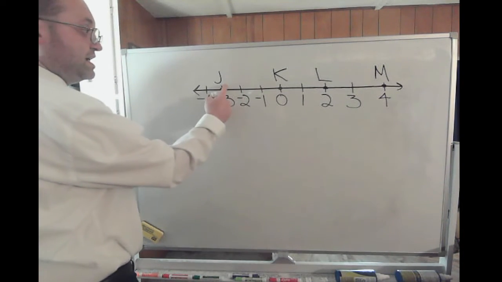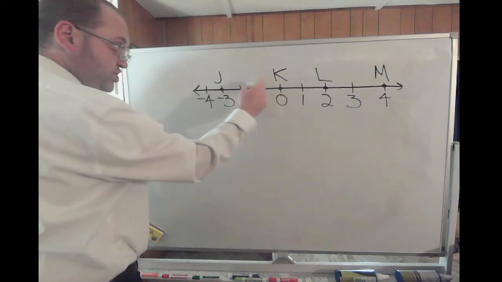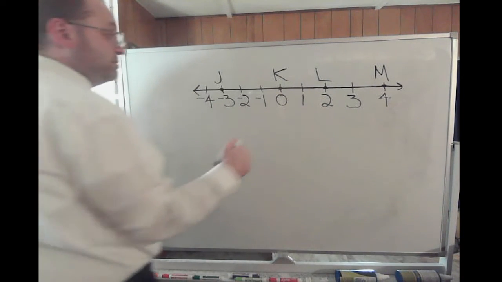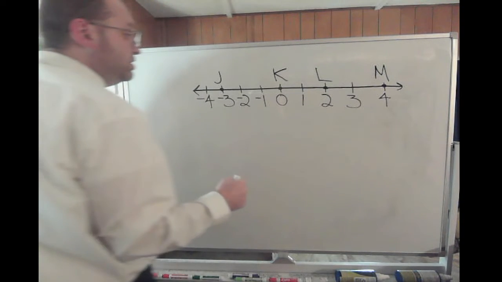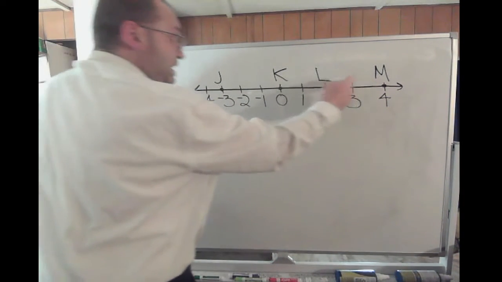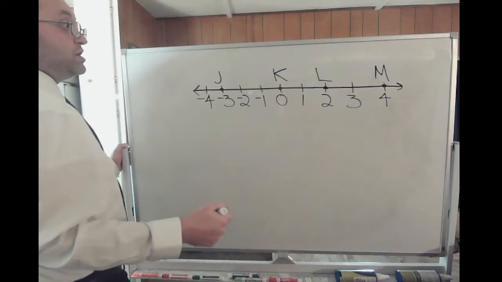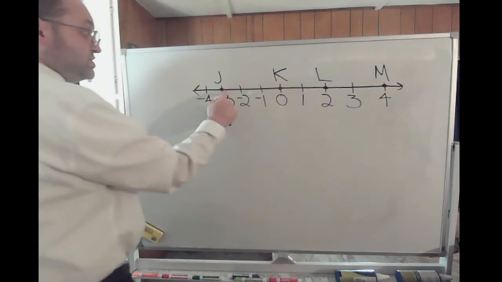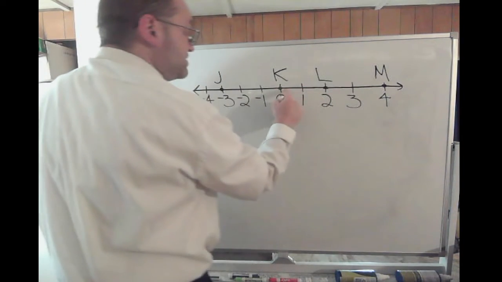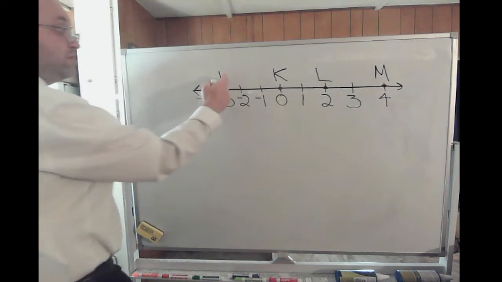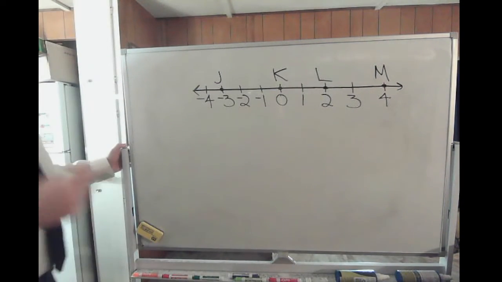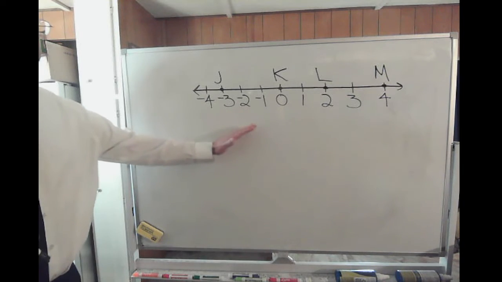You have a line segment between J and K, starts at J, ends at K. Then you have K and L, that's a line segment, which starts at K, ends at L. Then you have a line segment from L to M, starts at L, ends at M. You could also have JL, starts at J, ends at L. You could have KM, starts at K, ends at M. Or you could have all the way from J to M, starts at J, ends at M. Those are all perfect examples of the line segments that exist here.